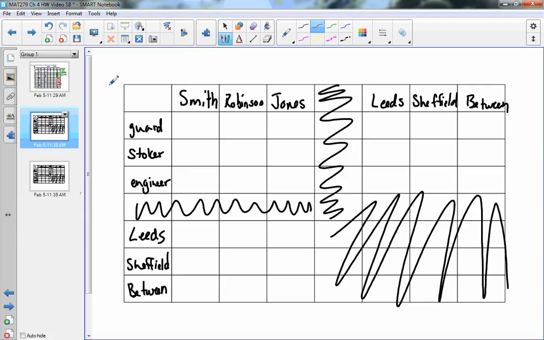What some of you did was first focus on some of these clues. It said the businessman Robinson and the guard live in Sheffield. So we know that Robinson lives in Sheffield, and we know that the guard lives in Sheffield.